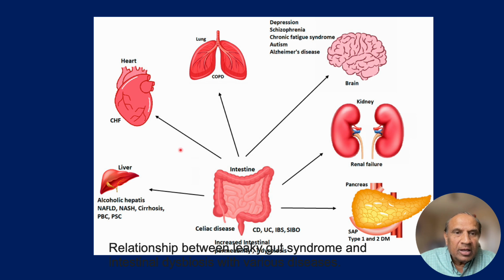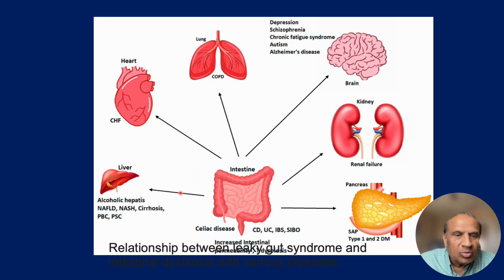So what can be the result of increased intestinal permeability? There are many diseases thought to be related to increased intestinal permeability. The main ones in the gastrointestinal tract are celiac disease, Crohn's disease, ulcerative colitis, irritable bowel syndrome, and small intestinal bacterial overgrowth. These all may be related as a cause or effect of increased intestinal permeability.